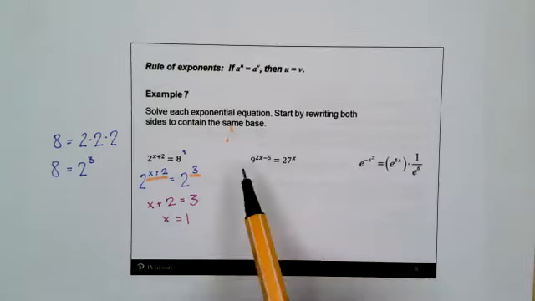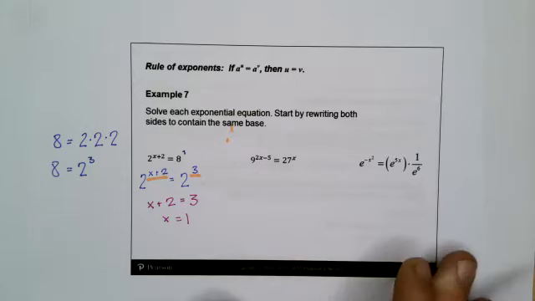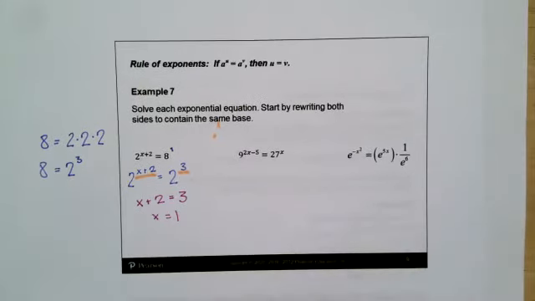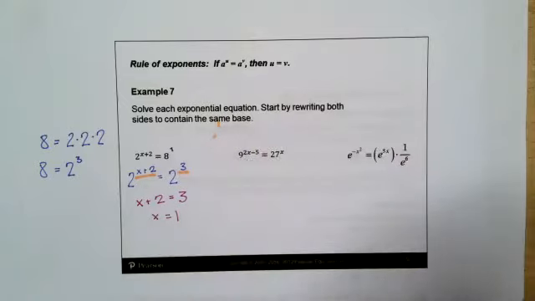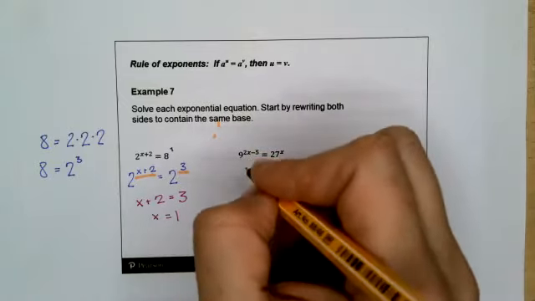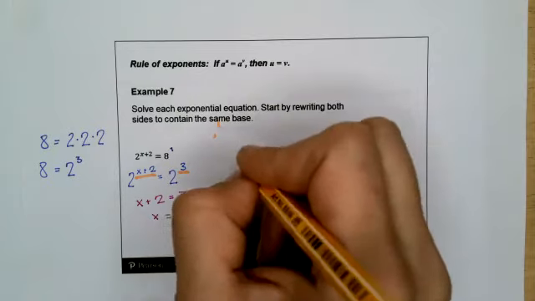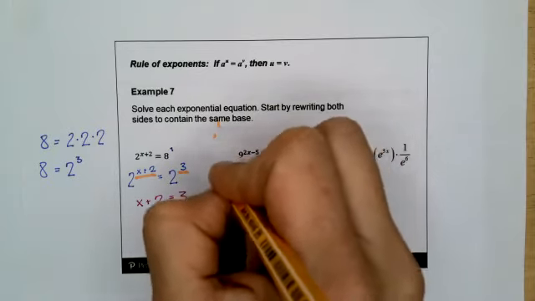However, we can't do that here, right? 27 is not a multiple of 9. 9 to the power of 1 is just 9. 9 to the power of 2 jumps to 81, right? But we can check: is 9 a perfect square? Can I change 9 into something that is an exponent? We can, right? 9 is the same as 3 squared.